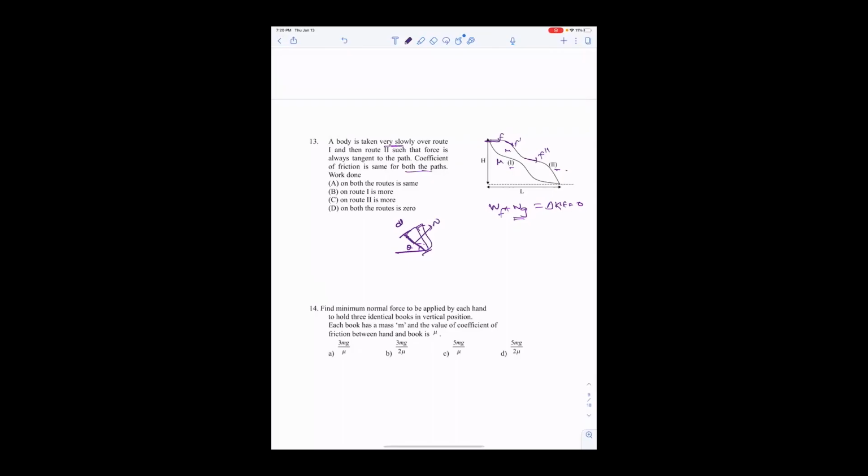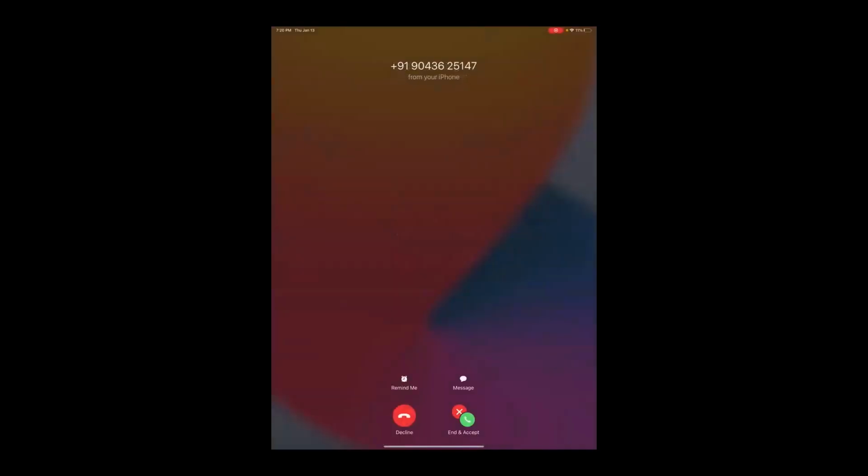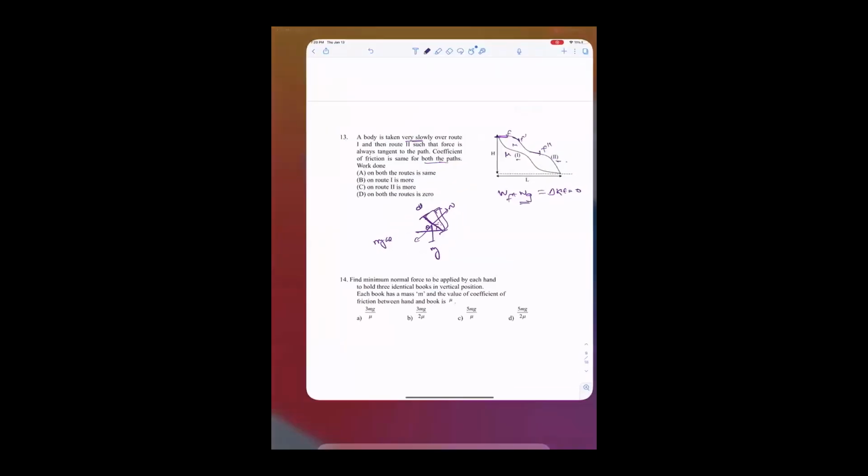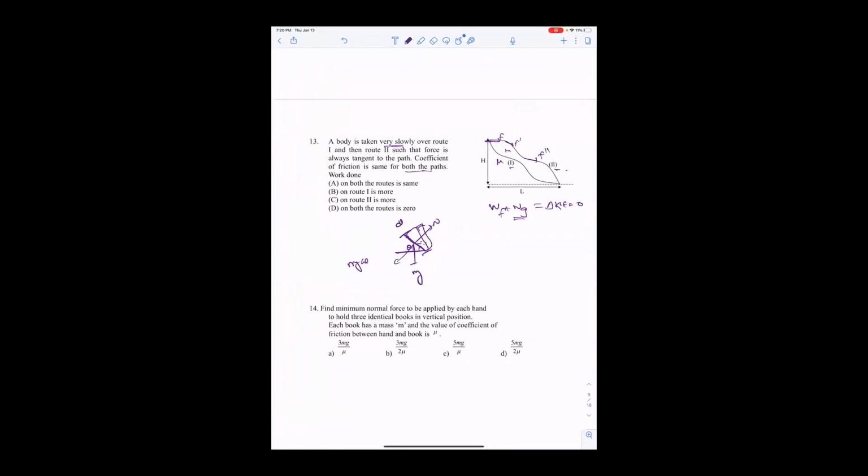Normal force N, mg is this way. Normal is always normal to the surface. So this component will be mg cos theta, and in this direction mg sin theta.